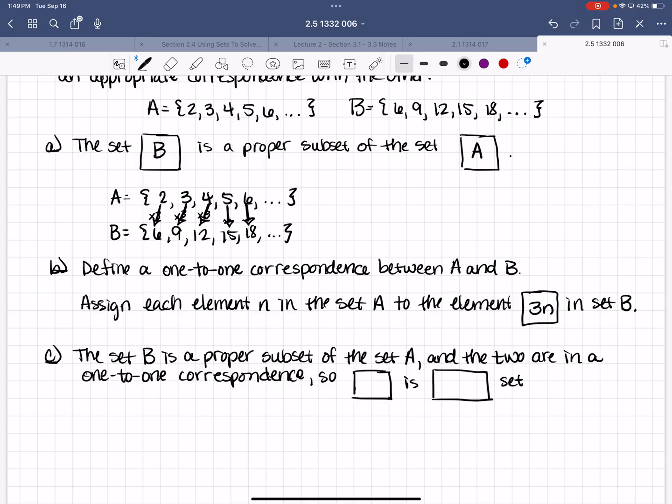Okay? So we pick A or B here. And then you pick infinite or finite.